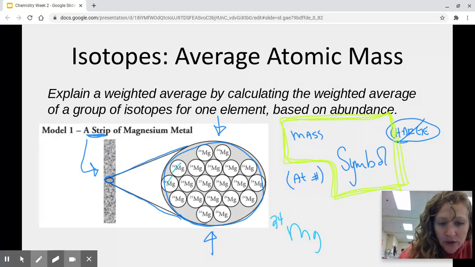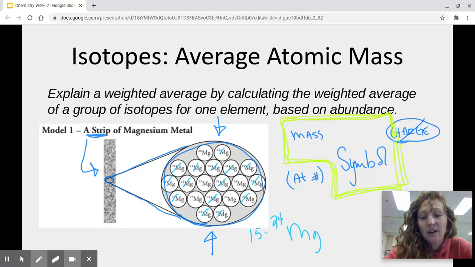Here we go. 1, 2, 3, 4, 5, 6, 7, 8, 9, 10, 11, 12, 13, 14, 15. We actually have 15 of our atoms that we're looking at are magnesium 24, but there are other things present besides magnesium 24. What can you find?